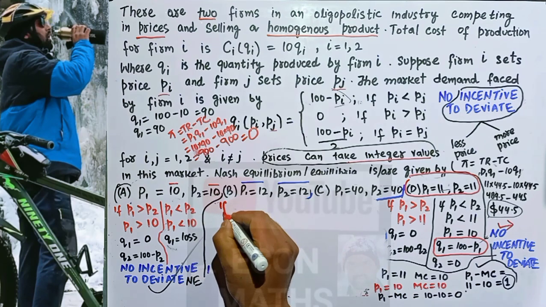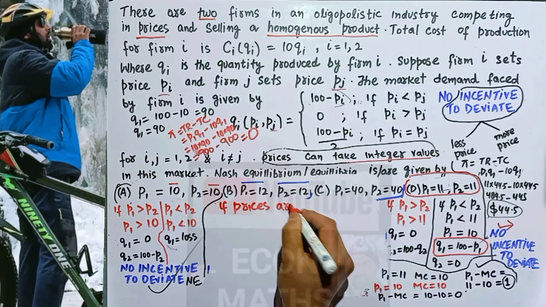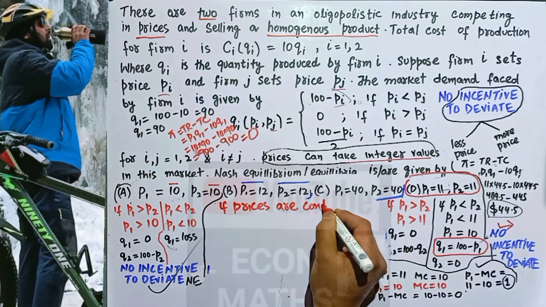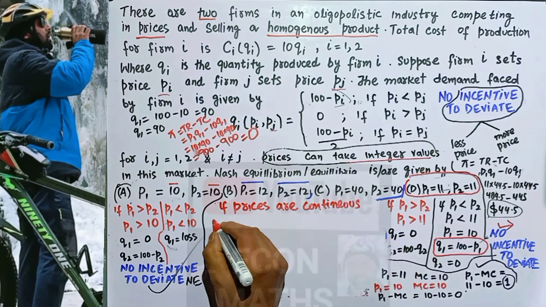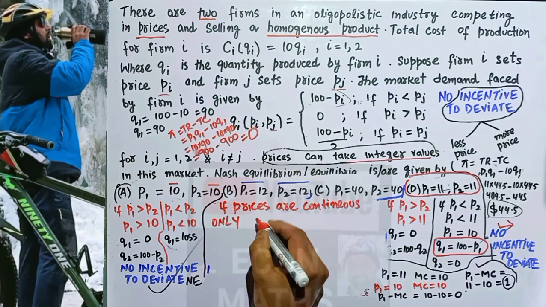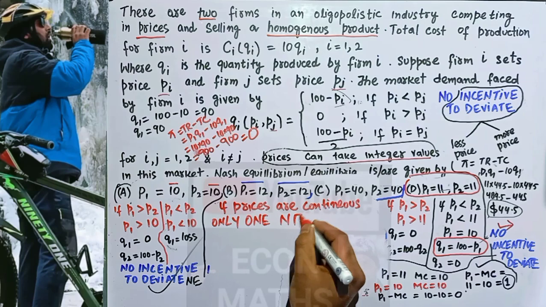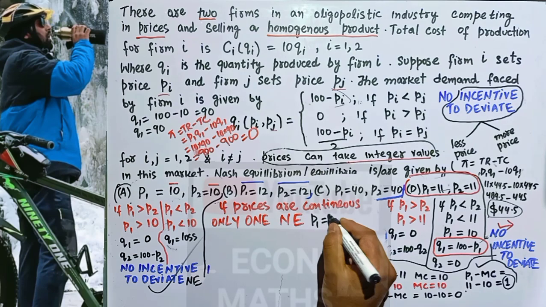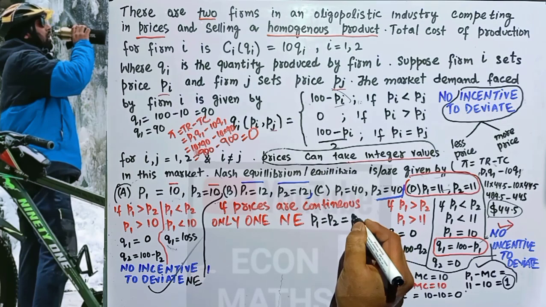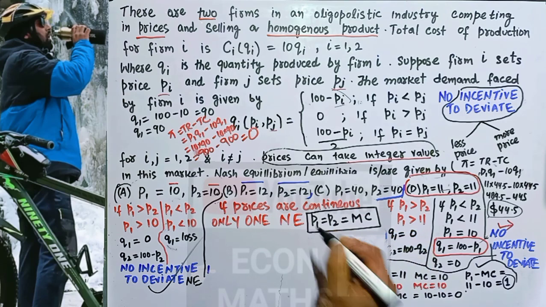If prices are continuous, then we have only one Nash equilibrium. That means the only Nash equilibrium will be when P1 is equal to P2, which is equal to the marginal cost, when prices are continuous.